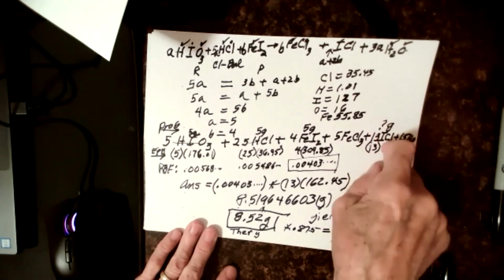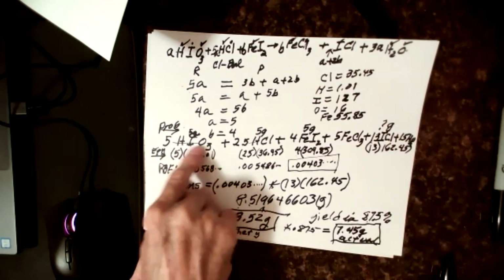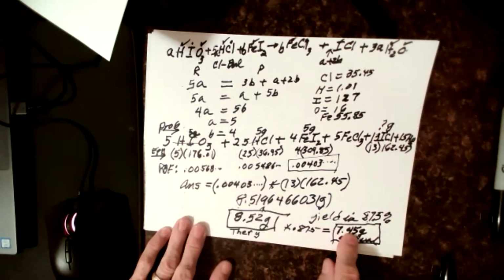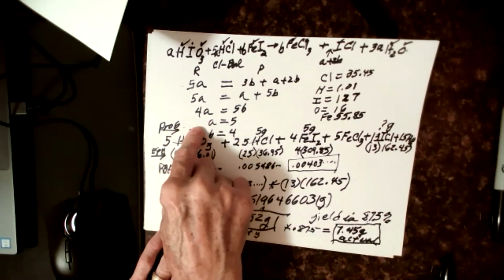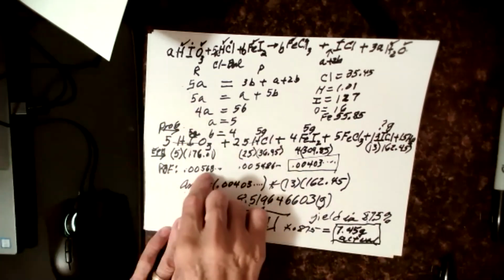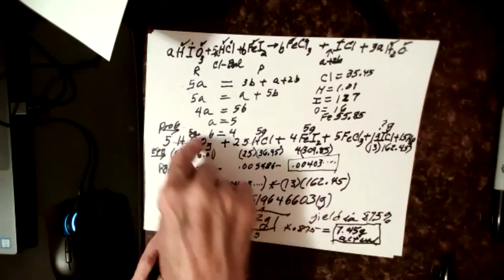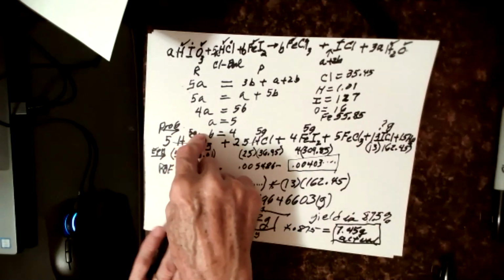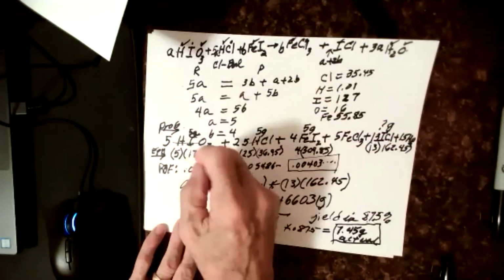That gets my rebalancing factor. I'm going to multiply that by 5 times 176. That gets the amount of this I would need to use if this was 100% efficient, but it's not. So once I get this amount over here, if I divide by 0.875, then that will give me the amount of that stuff I'd need to start with. So I can calculate how much of this I'd need to start with, and in this case, it would be a little more than 5 grams.